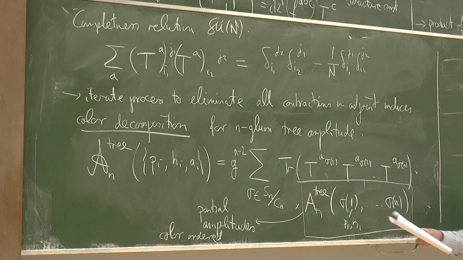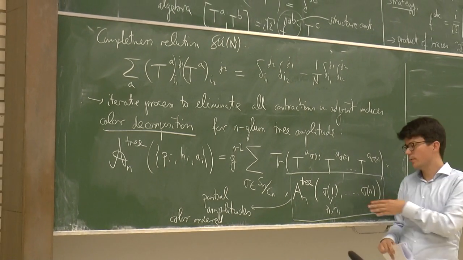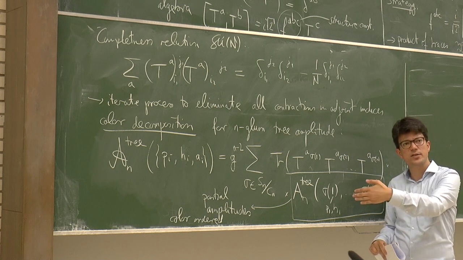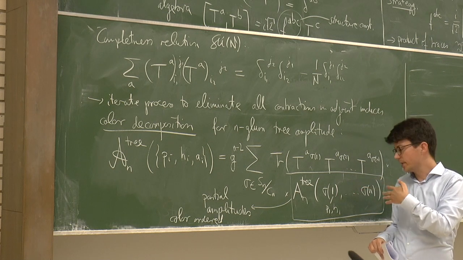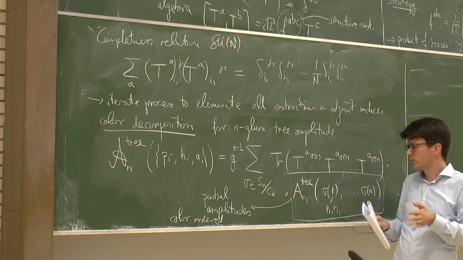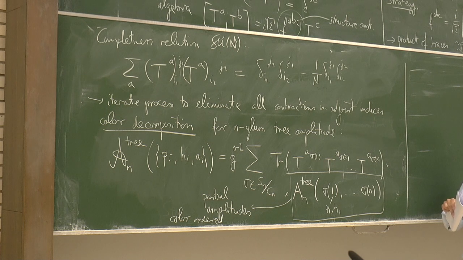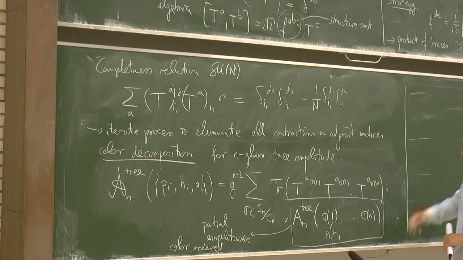But for these partial ordered amplitudes, this is no longer true. The only singularities are when a sum of adjacent momenta becomes collinear, or the square of the sum of adjacent momenta vanishes. So these are the simpler singularity structure.